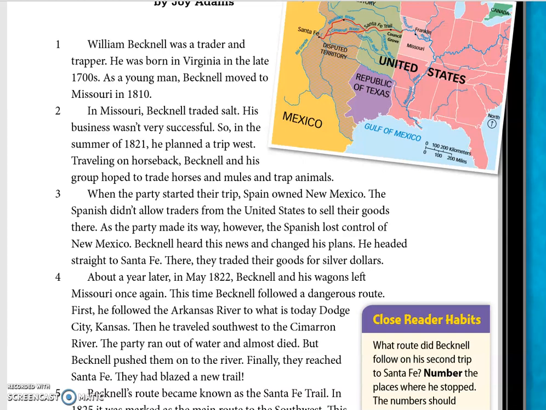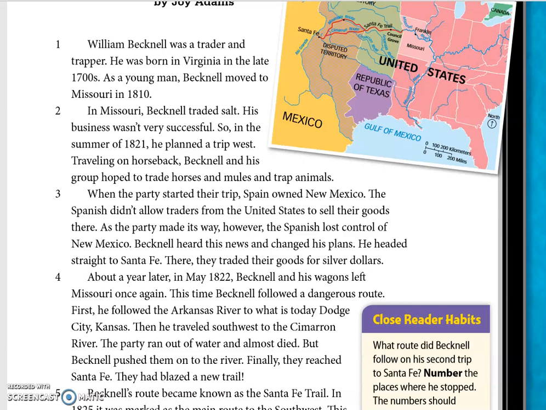Then, there's a signal word. He traveled southwest to the Cimarron River. The party ran out of water and almost died, but Becknell pushed them onto the river. Finally, another signal word. They reached Santa Fe.